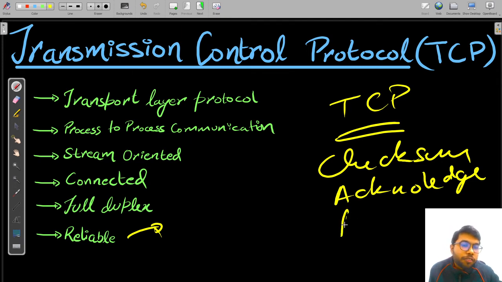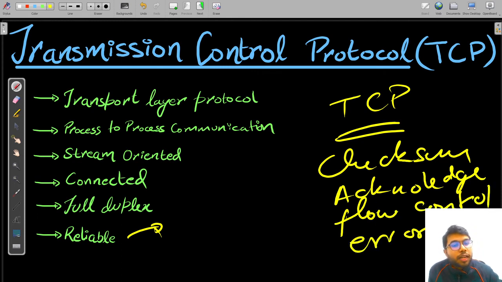We also have your flow control. We also have error control. All these things were not there in UDP, but they are in TCP. So it is much more reliable than UDP.